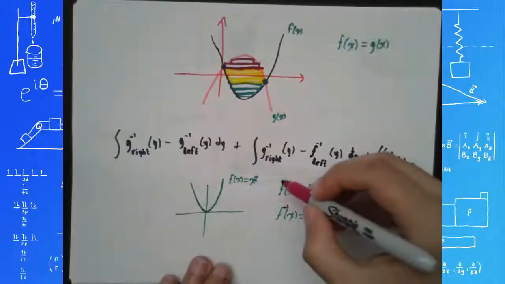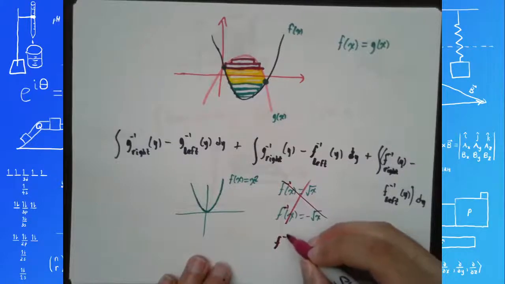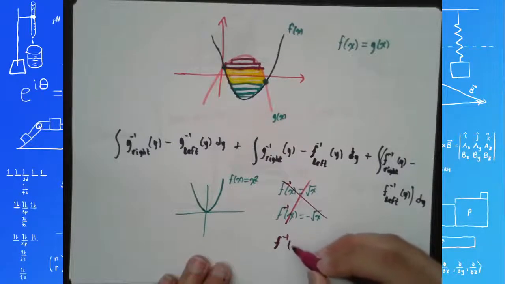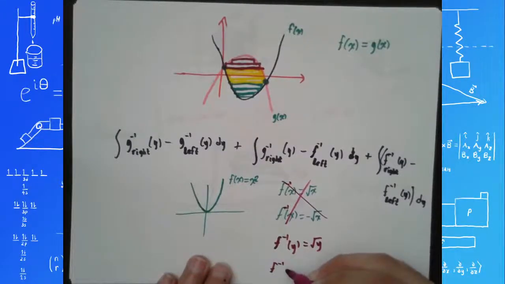Well, actually, no. I don't even want to write them like this. What I want to do is write them as f inverse of y equals square root of y, and I'll call this f inverse right, and f inverse left is going to be negative square root of y.